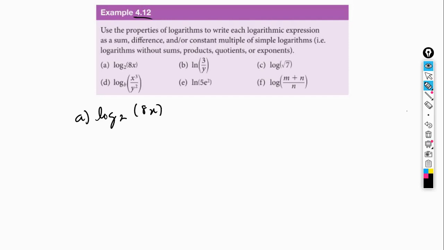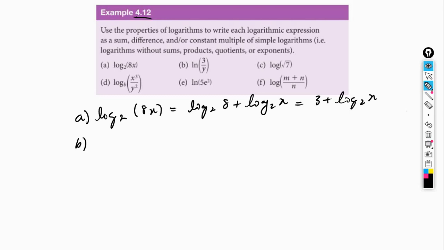According to the properties of logarithms, when you have a multiplication, such as 8 times x, you can separate it into a sum. So you can rewrite this as log base 2 of 8 plus log base 2 of x. But log base 2 of 8 is 3, because 2 to the power 3 is 8. So we can write it as 3 plus log base 2 of x.